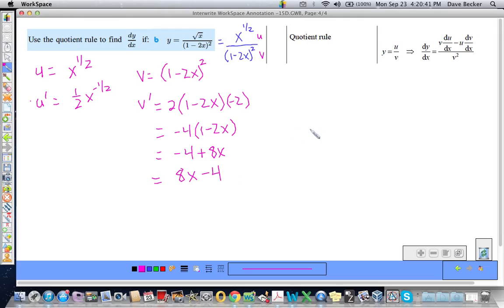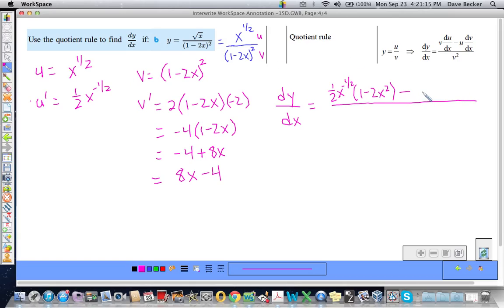Okay. All right. So, dy/dx is equal to v du. So v is (1 minus 2x) squared. We got a whole fraction thing going here. So this is (1 minus 2x) squared, there's my v, multiplied by the derivative of u. I'll put that guy out in front. 1/2 x to the negative 1/2, minus u dv. Well, what's u?